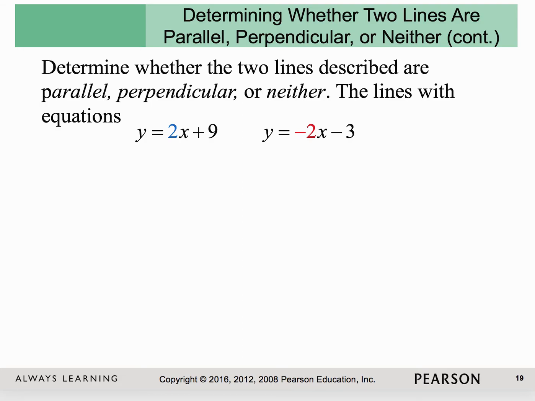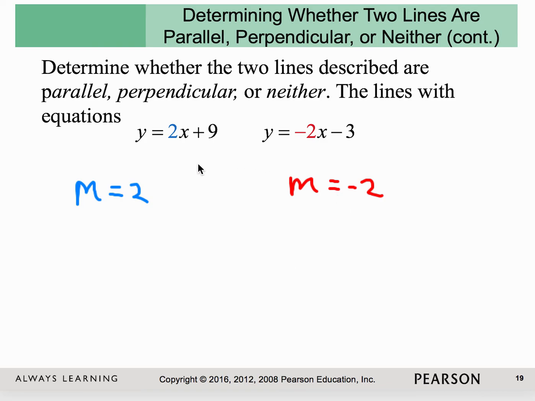Okay, same question, parallel, perpendicular, or neither. So all I need is the slope. Remember, when I see two equations solved for y, this is the slope of that line, and this is the slope of this line, the coefficient of the x.